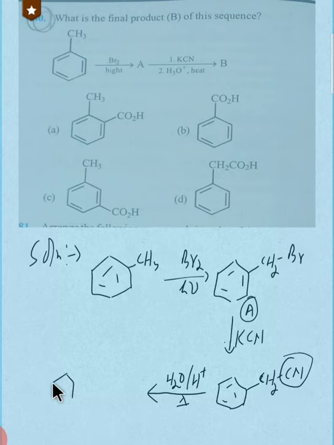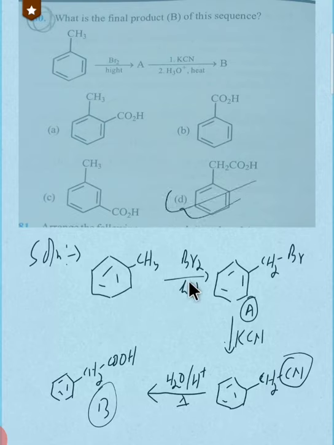So our final product B, this is our A, CH2CN will be converted into COOH. This is our B. Let us choose the correct option from the question. This is not correct. D is the correct option.